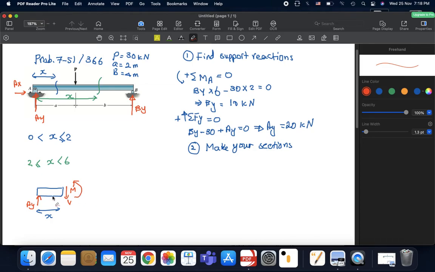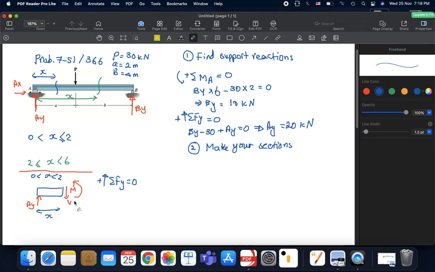All right, I guess that's it. This is everything that we need to know. Here we said that x, so this is for x values larger than 0 and smaller than 2, this section. So now you apply your equations of equilibrium. First you say, for example, in this direction it's positive, summation of forces in the y equals 0.